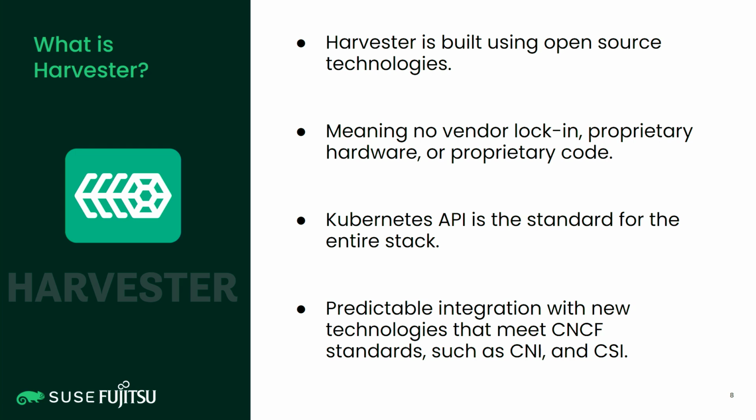What that means, beyond its usefulness now, looking to the future, because it's the Kubernetes API, we have predictable integration with new technologies. Anything that comes out of the CNCF, the Cloud Native Computing Foundation, such as CNI and CSI. What's CNI?